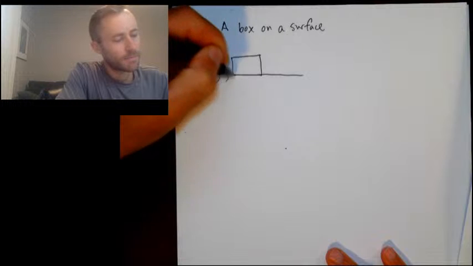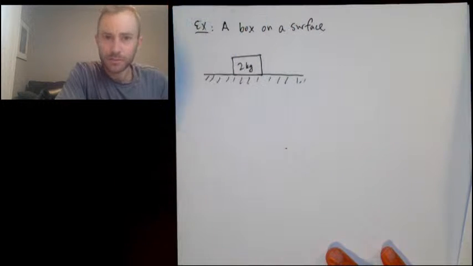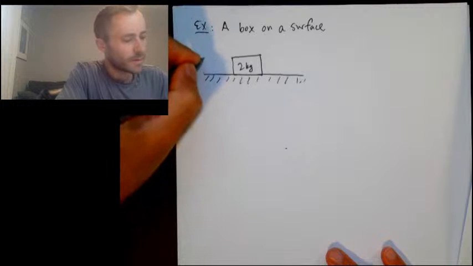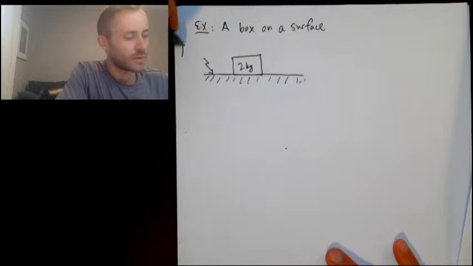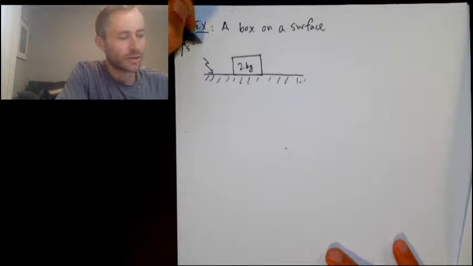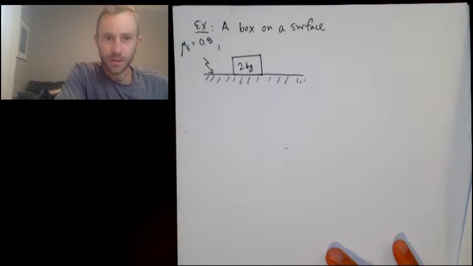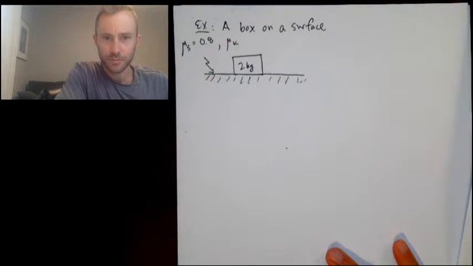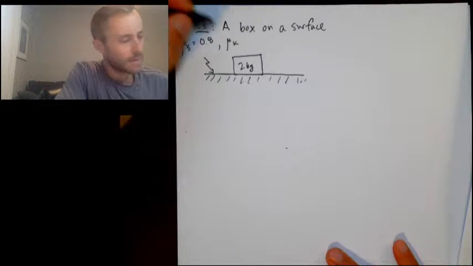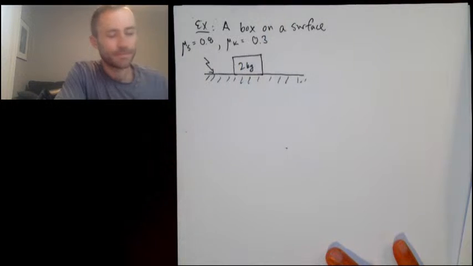Here's the floor. Let's say that it is a 2 kilogram box. And let's suppose that the coefficient of static friction is 0.8, and the coefficient of kinetic friction is 0.3.